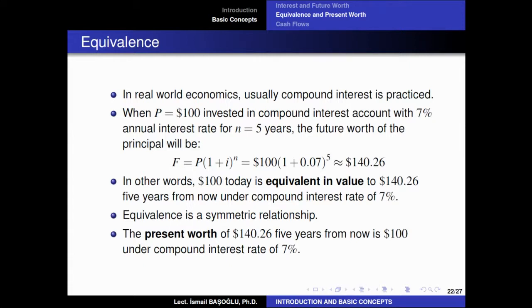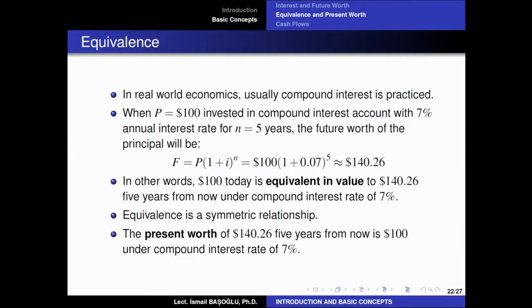So you have a 7% compound interest rate savings account. If you have any money, you can invest that money into the savings account, and every year you can get a 7% interest over the money that is being kept in that account. So you have such an account, which is provided by the bank to you.